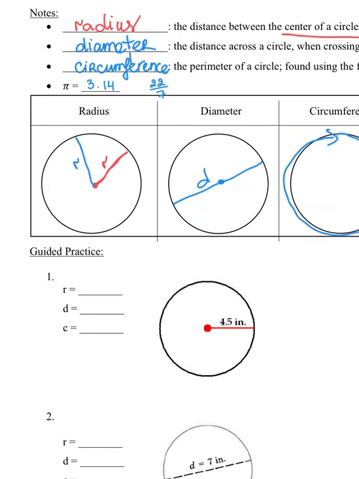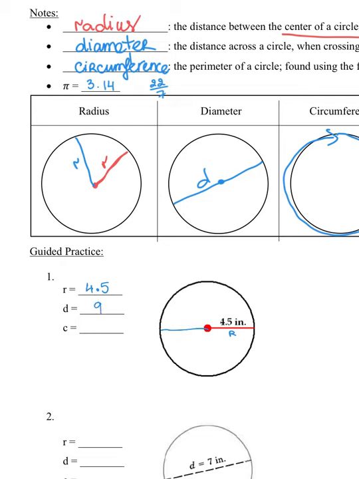The first problem, the center to the edge of the circle, so this is the radius. If the radius is 4.5, the diameter is double the radius, which is 4.5 times 2, which is 9.